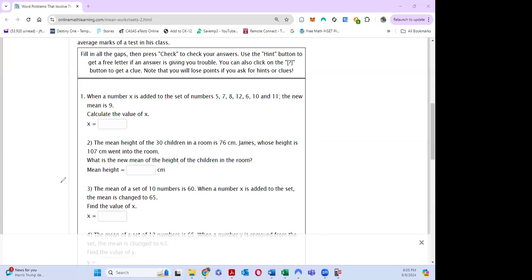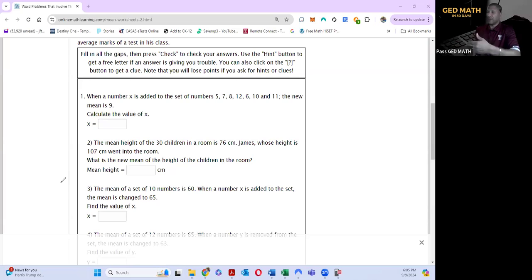So remember, think in a logical step. To find the mean, I add them up and then divide by how many they are. But if I know the mean, I'm working backwards. So I multiply by how many there are and I subtract. There's 7 numbers here, but a new number makes 8, so there's 8 values.